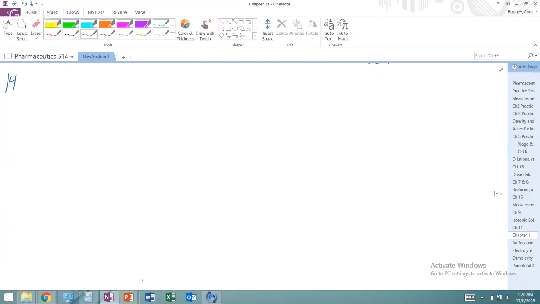Okay. So we have to look up the E values for all this. So for the cocaine, it would be 0.6 grams, and then its E value is 0.16.